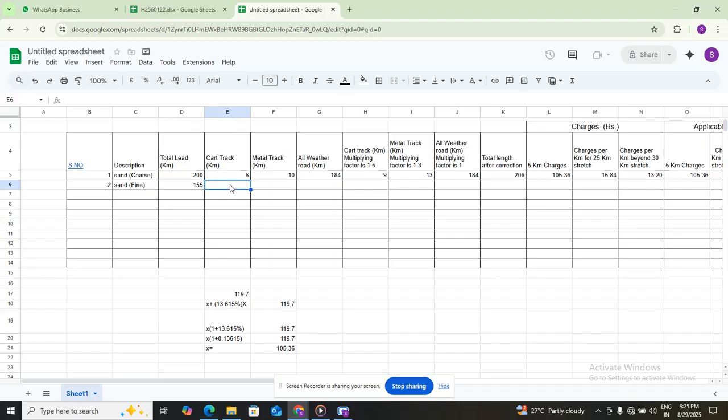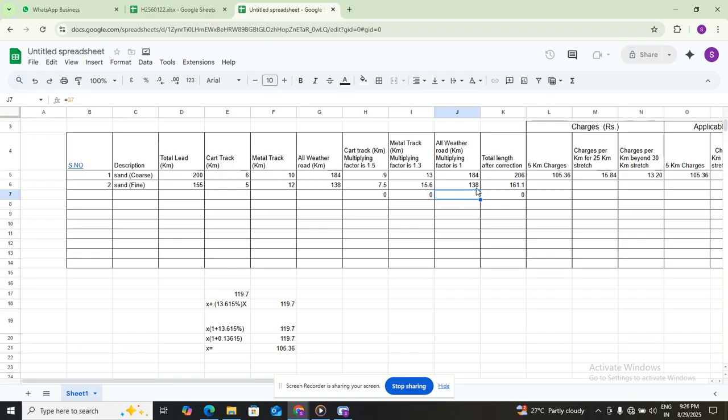We give 5 kilometers of chord track and metal road 12. These formulas are already entered, that's why I need to drag it. This is 138 kilometers. We multiply 5 into 1.5, and 7.5 came. All weather is 180; 155 minus this, we need to deduct.